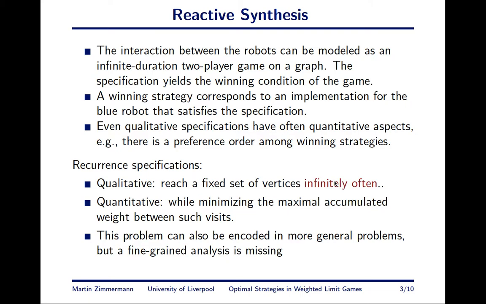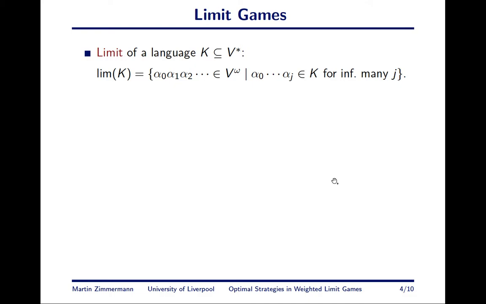So what we do here is we provide this fine-grained analysis of the problem. Okay, so after this motivation, I have one slide of formal definitions, and then mostly results and some examples. So this is the most technical part here, so bear with me.